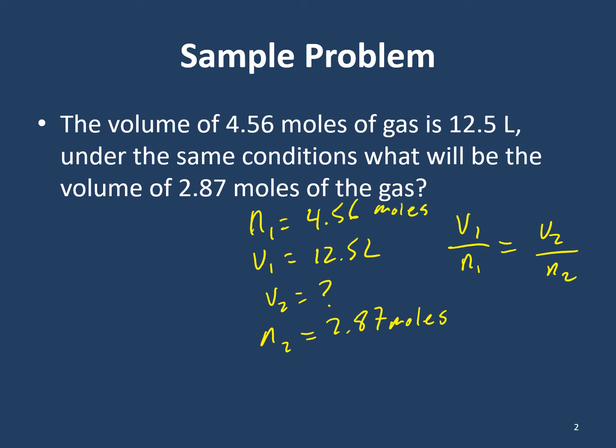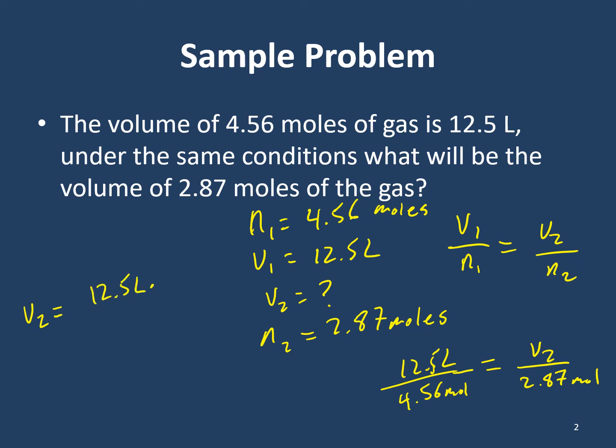So we have 12.5 liters over 4.56 moles is equal to V2 over 2.87 moles. If I rearrange this and solve for V2, I get V2 is equal to 12.5 liters times 2.87 moles divided by 4.56 moles.